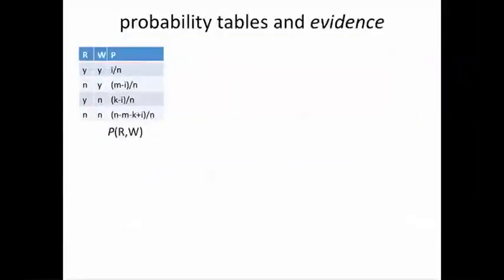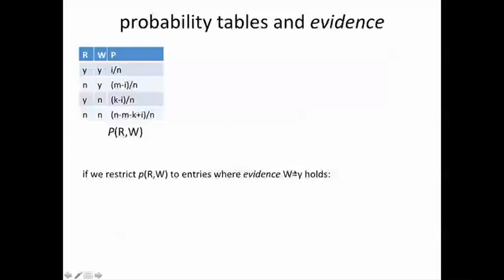Now let's turn to another important element, which is evidence. Suppose we have a joint probability distribution, like the probability of rain and wetness, and we find that the grass is actually wet. In other words, we have observed some evidence, and that evidence tells us that the grass is wet.